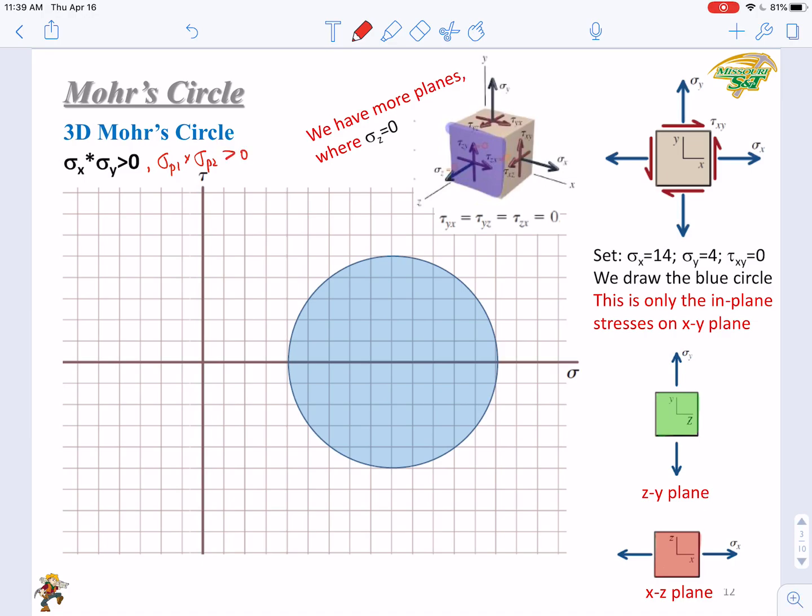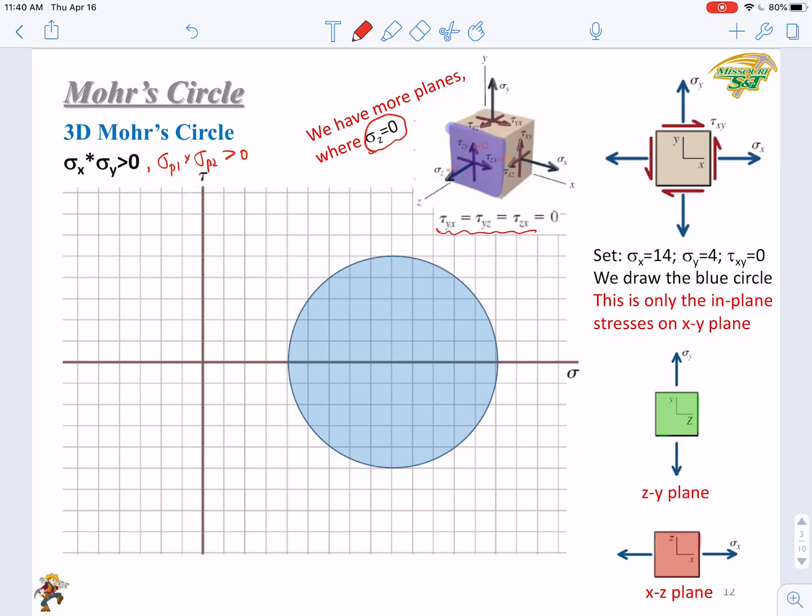Okay, so here is a 3-dimensional stress element. We have more than xy planes. Okay, since here you have also zy plane and xz planes. Okay, so here we assume that sigma z equals 0, and all of those taus are 0. All of the shear stresses are 0.